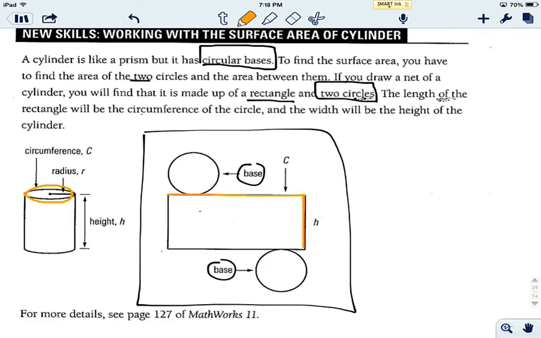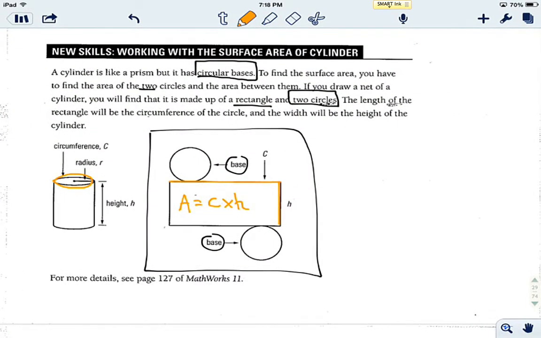The area of this is going to be the circumference times the height. Kind of like length times width, but the length here is the circumference, and the width would be the height. So basically we are taking the area of the two circles and the area of that rectangle, and that allows us to find the area of a cylinder. In the next video, I'm going to show you how we can work through an example of doing this.